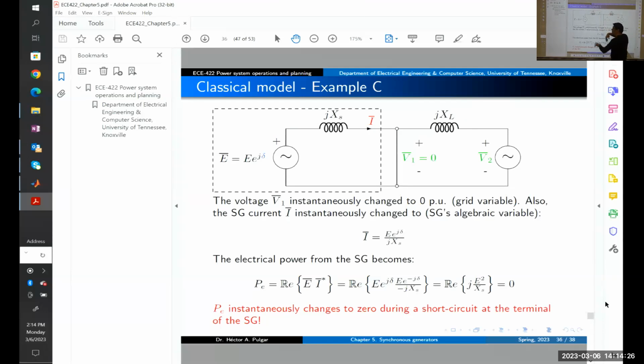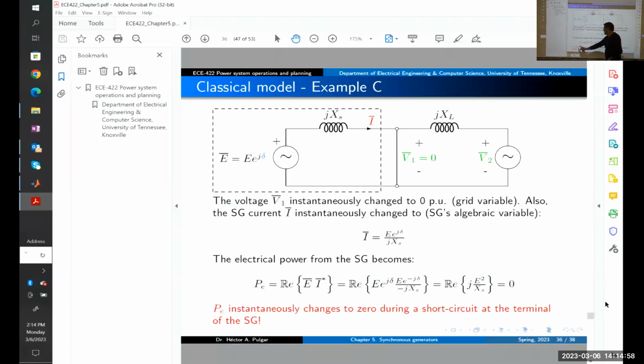The voltage will be set to 0 immediately, and the current will change from whatever current we had before the fault to whatever current we obtain now. If we look at the circuit, the current here, because the voltage here is 0, is defined by this voltage that will completely fall across the internal impedance of that generator. So this voltage divided by that impedance will give you the current.